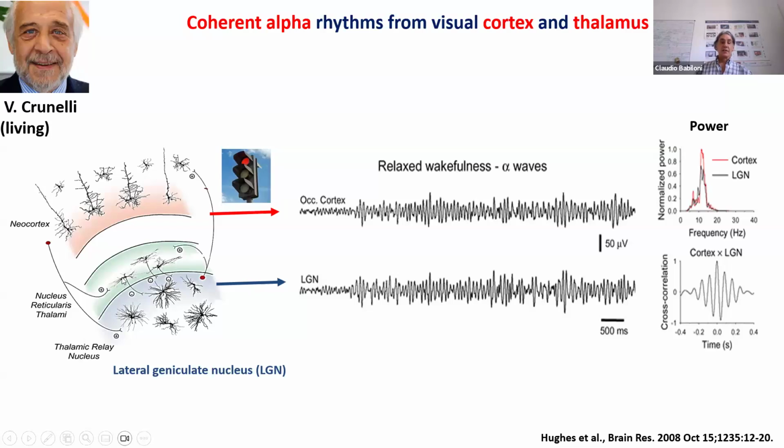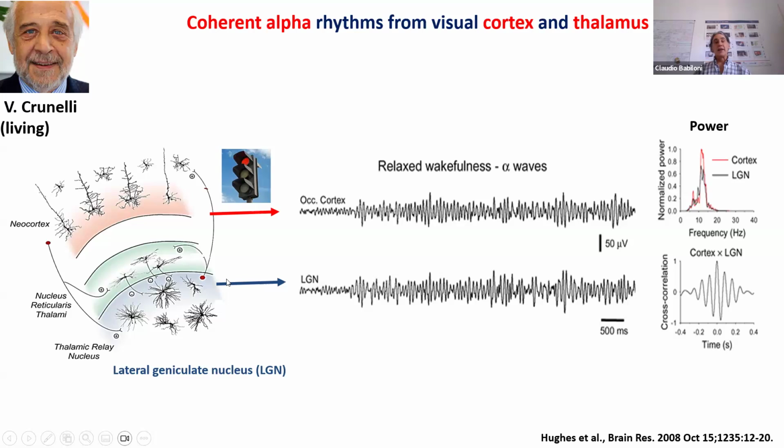In contrast, the neurons in the nucleus reticularis thalami release inhibitory neurotransmitter GABA to the thalamocortical neurons.